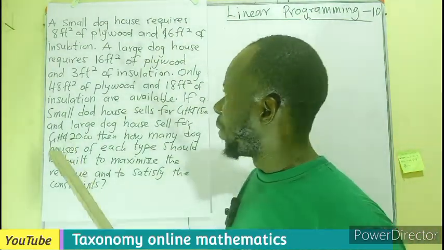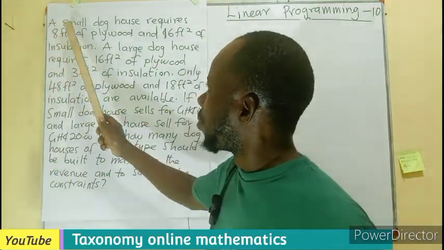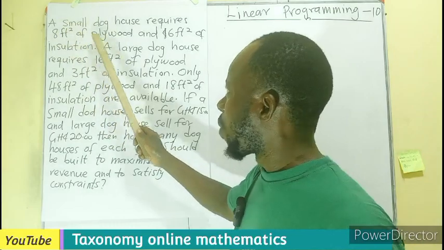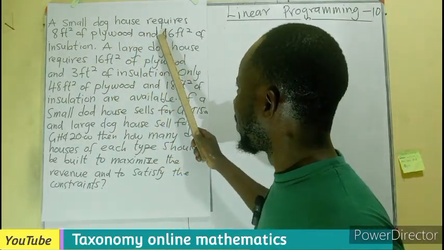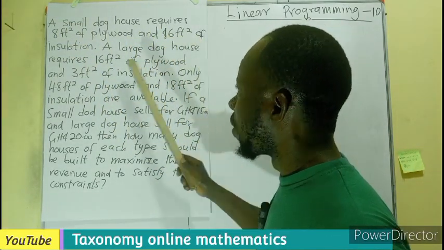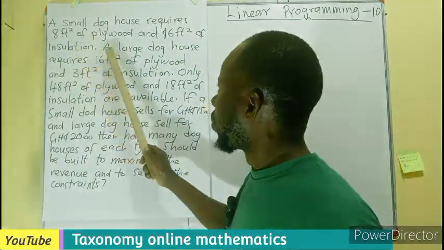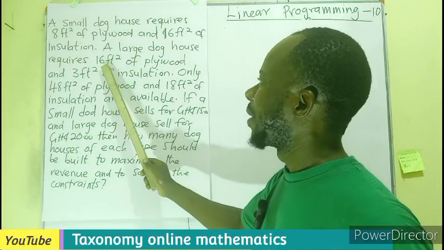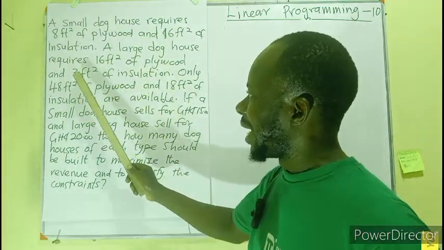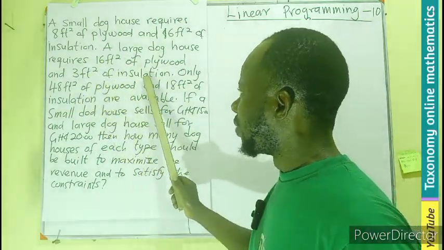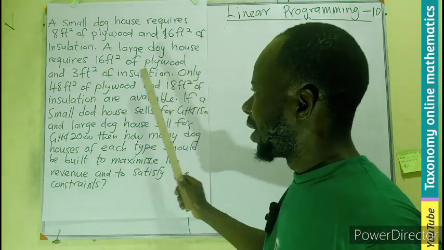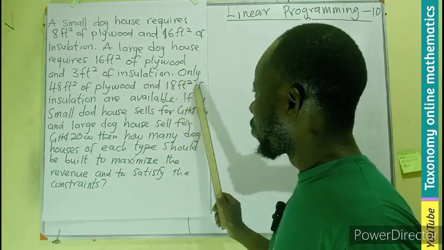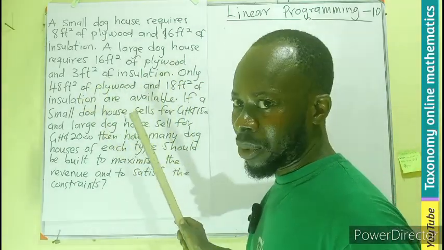So the question we want to deal with is: a small dog house requires 8 feet square of plywood and 6 feet square of insulation. A large dog house requires 16 feet square of plywood and 3 feet square of insulation. Only 48 feet square of plywood and 18 feet square of insulation are available.